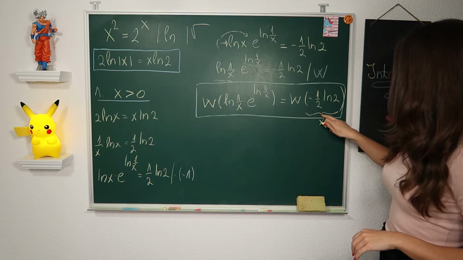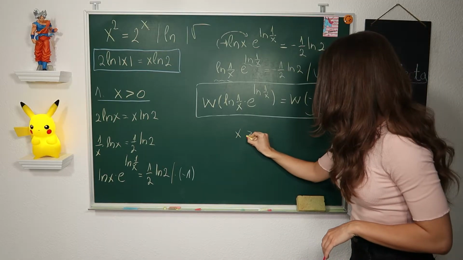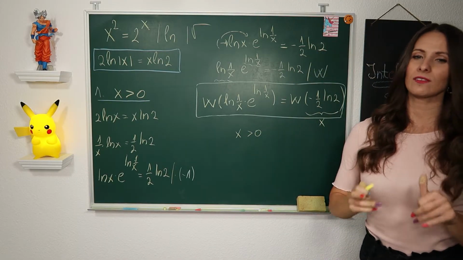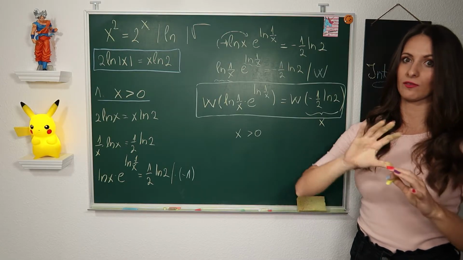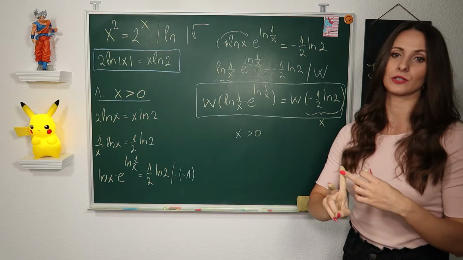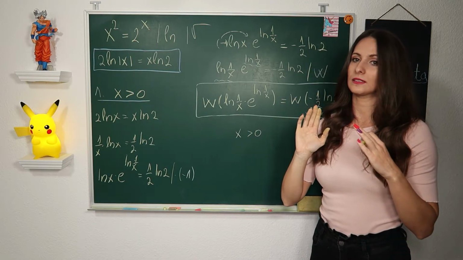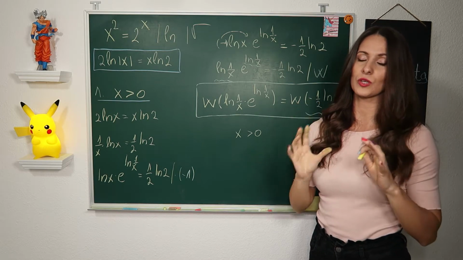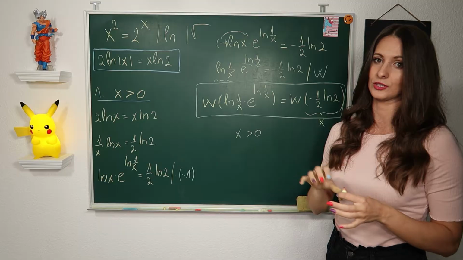Now, if this x is greater than 0, then you will have just one solution, and it will be for W sub 0. We have two branches, W sub 0 and W sub -1, and if we consider just real numbers, we will assume just these two branches.